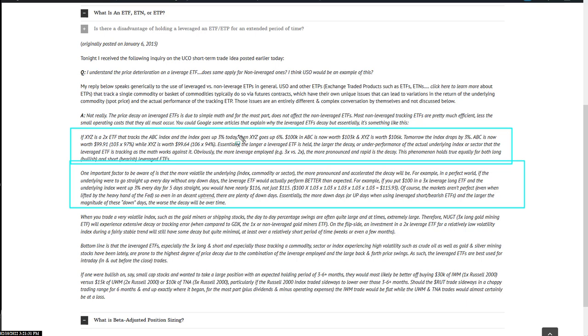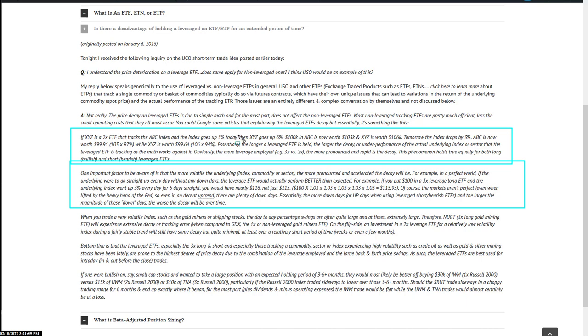If you get in these at the right time, and I think this is a timely conversation now, not only does that leverage not work against you, it actually works in your favor. In other words, you can go with a 2-time or a 3-time leverage ETF, whether it's long, meaning bullish, or inverse, meaning short, and you can and will, in the right conditions, vastly outperform the index plus the leverage you were expecting.